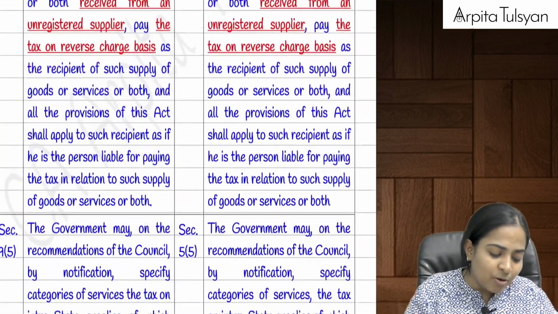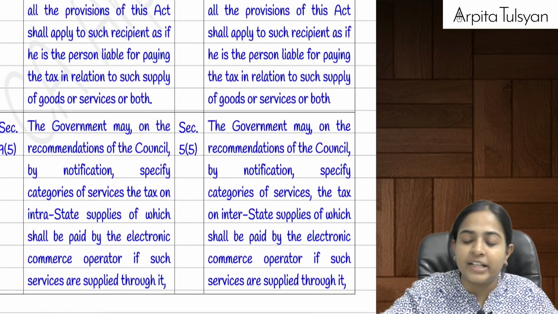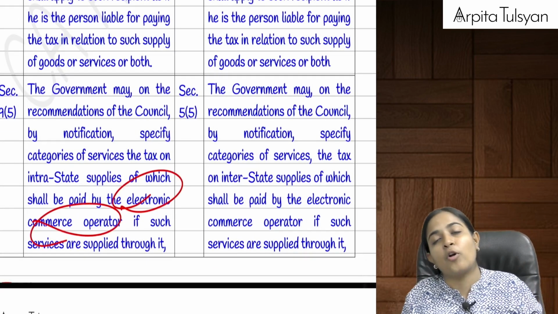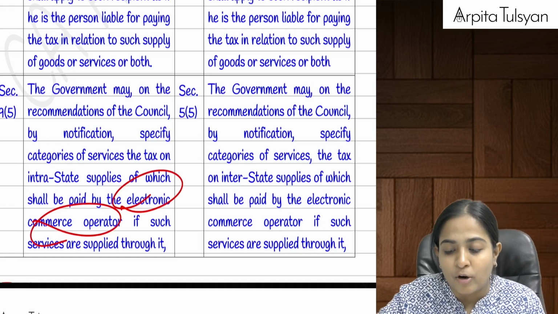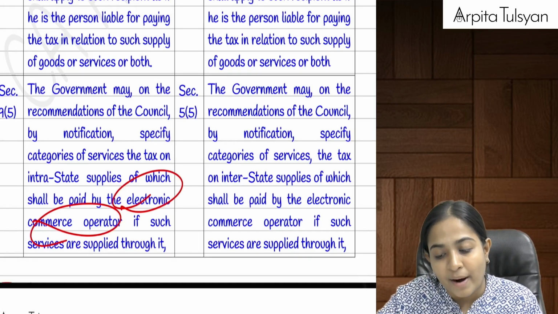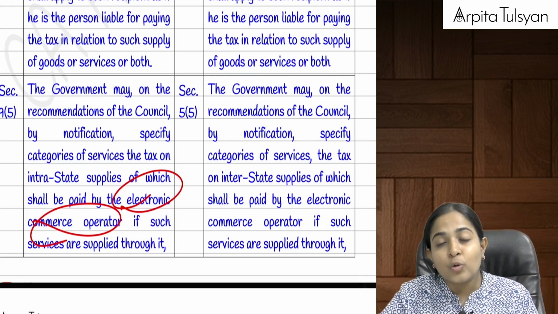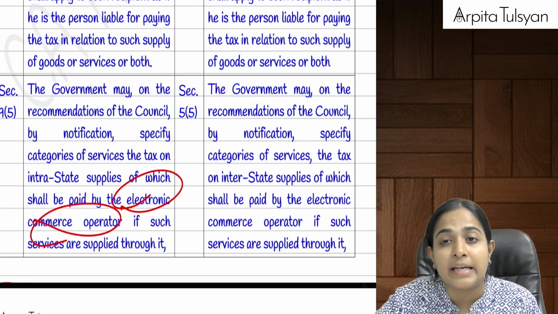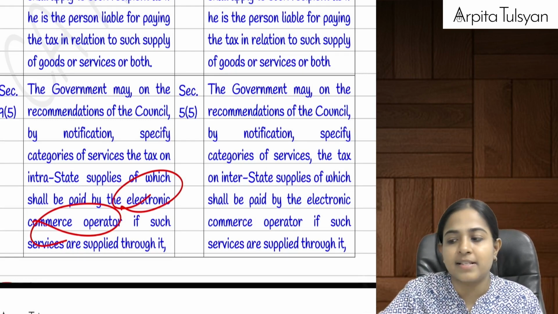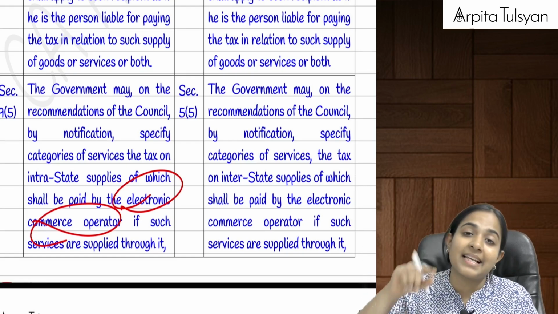Then going on to the last one, section number 9(5). Even this is an altogether different concept. Section number 9(5) talks about a person called an electronic commerce operator. If we are providing some notified services through an e-commerce operator like Zomato, Swiggy, etc., then in such cases tax has to be paid by such e-commerce operator.